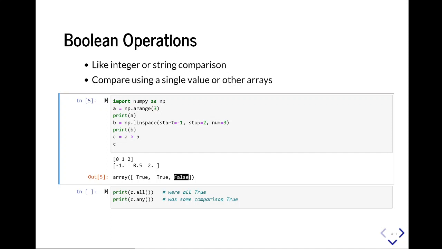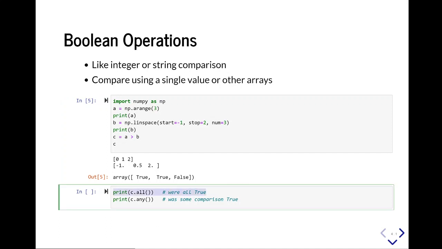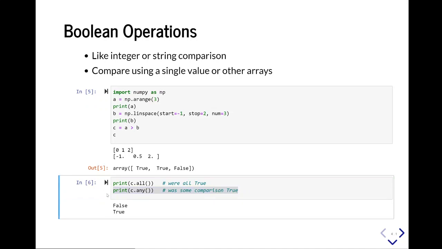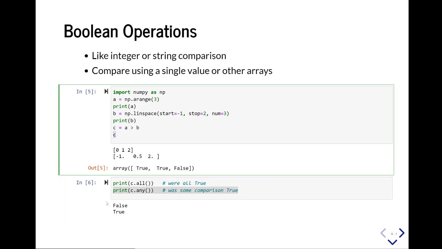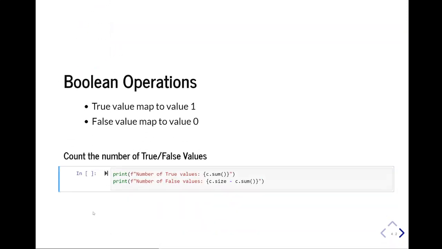And then we can do some other comparison checks, like making sure that all the Boolean logic came back as true, or that there was at least some truths in it. So that's what any will do for us. So we had one false in our resulting array C. So for all, you'll get back false, and then for any, you'll get back true because there was at least one.